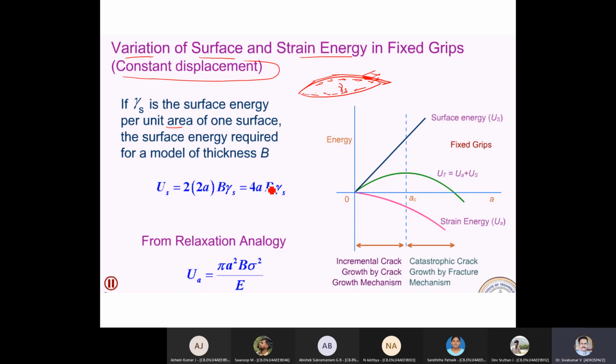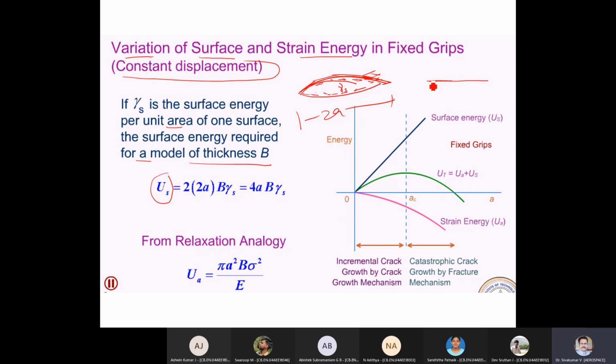The surface energy required for a model of thickness B: this is how they calculate, because this is 2A. You have two surfaces, up and down, so they have not taken the curvature length, because it's basically a small thing only.